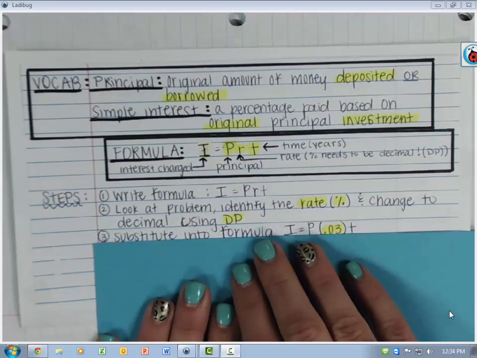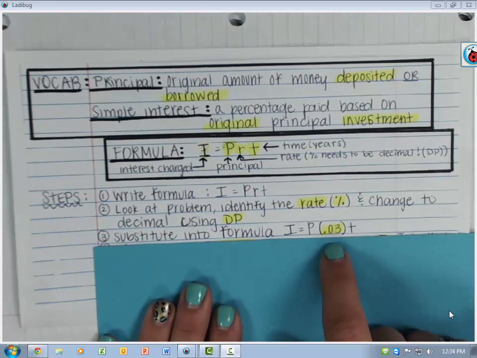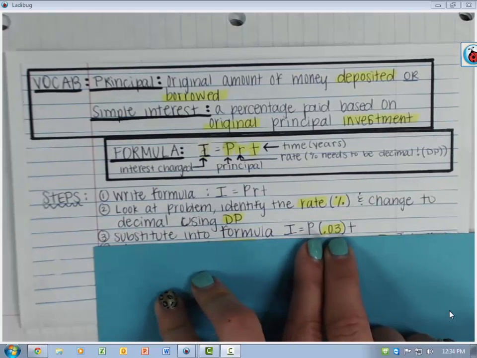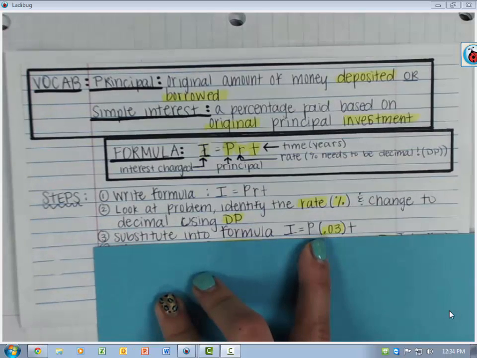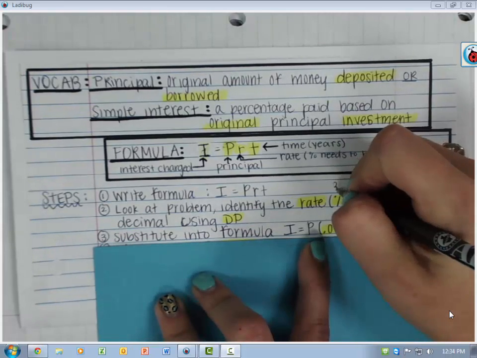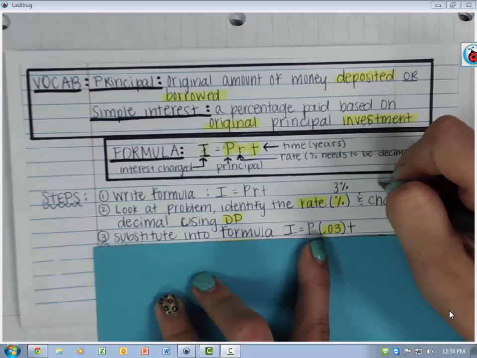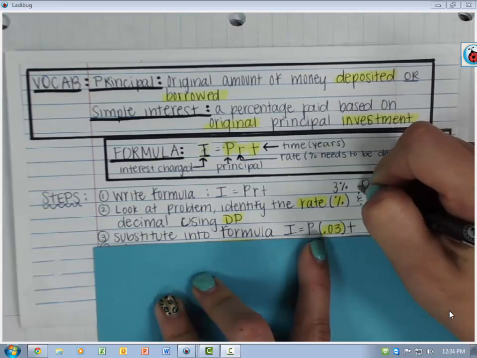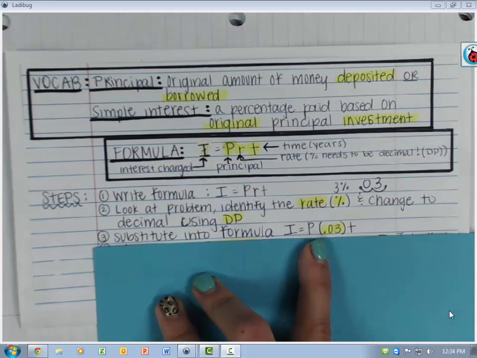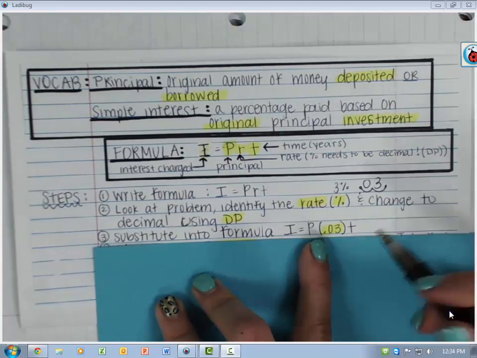Alright, then you're going to substitute it into your formula. See, I gave you a little example. I changed 3% into a decimal. So say this is 3%. You change it because your decimal goes there, 1, 2. 0.03. Alright, we plug it in, we substitute it into our formula.